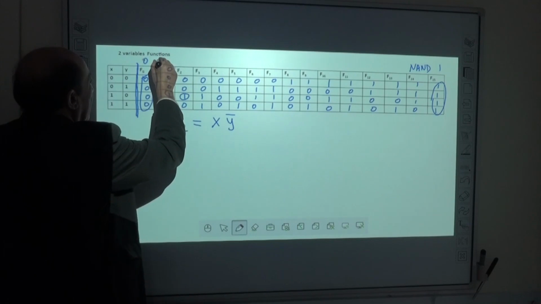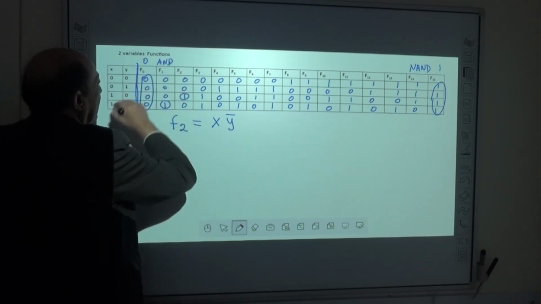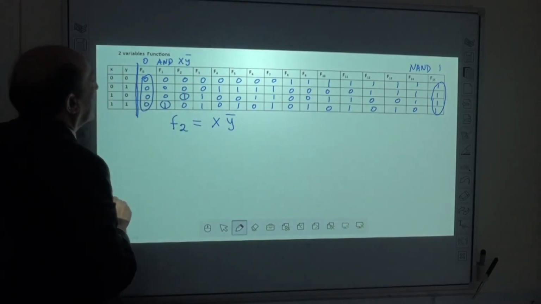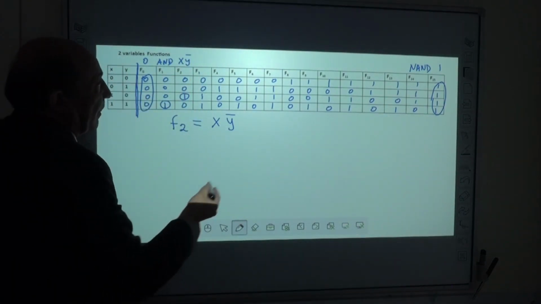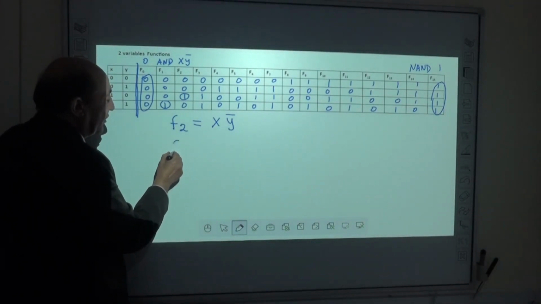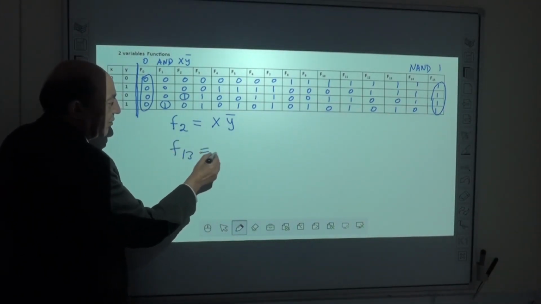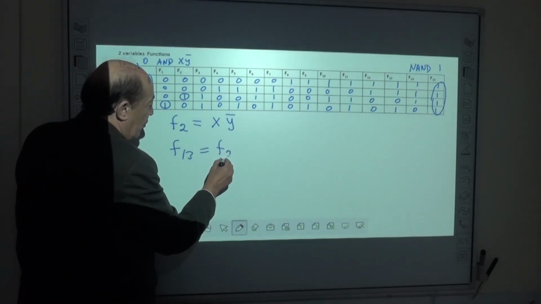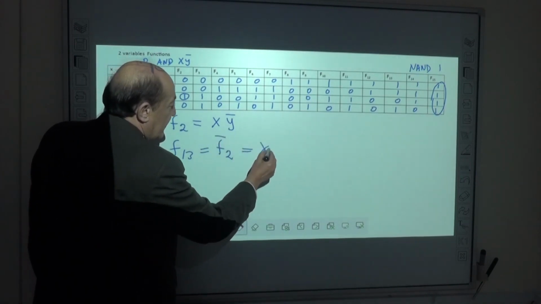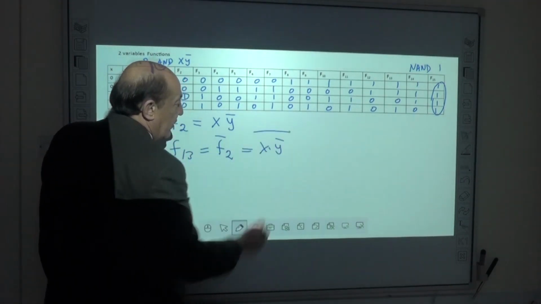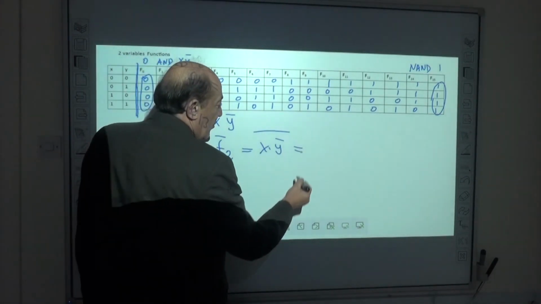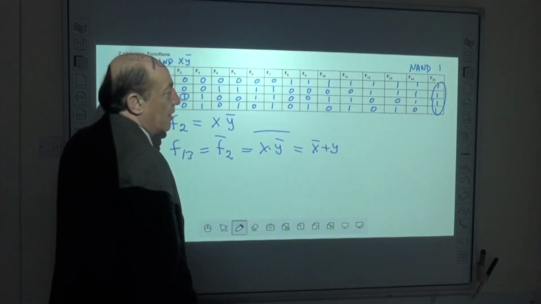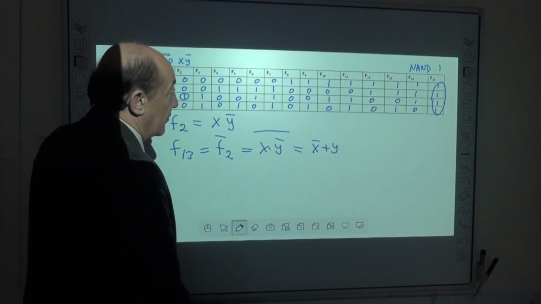Now f13, we can derive it from here: it equals the complement of f2, which equals x and not y or not, which is equal to not x or y, not x or y, f13.